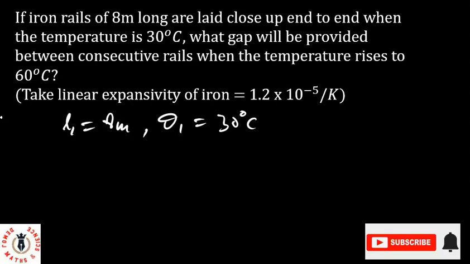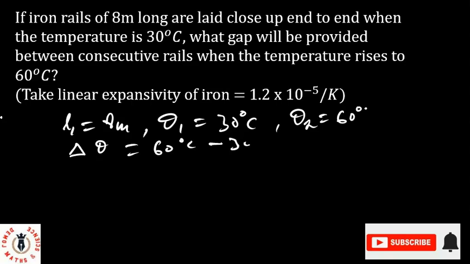What gap will be provided between consecutive rails when the temperature rises to 60 degrees Celsius? That is, my final temperature should be 60 degrees Celsius. So the change in temperature equals 60 degrees Celsius minus 30 degrees Celsius, which equals 30.